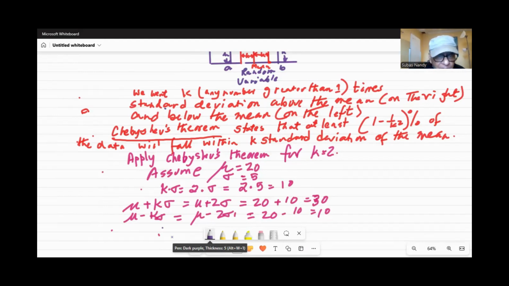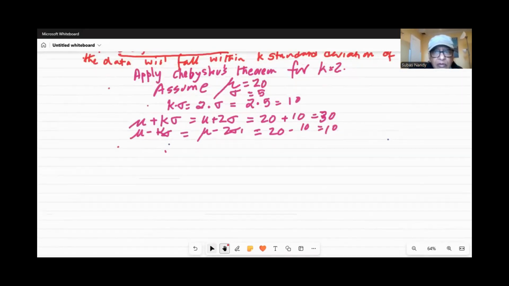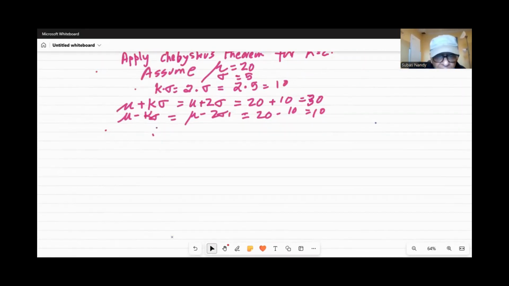So let me draw this picture clearly for you. Again, let's draw a uniform distribution. We're just going to draw the uniform probability distribution.